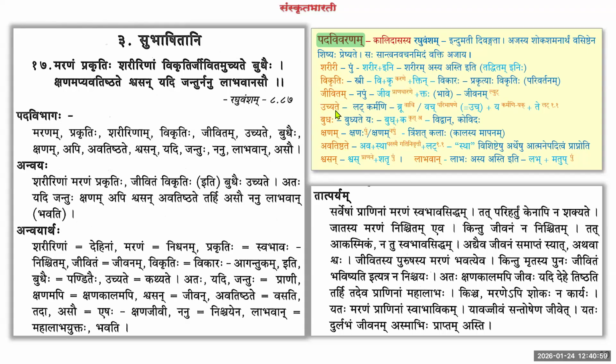So like this, uchyate is a kriya pada, right? Budaihi uchyate, karmani latlakara. Because budaihi is in tritiya bahuvachana, karta is in tritiya bahuvachana, jivitam uchyate. Maranam uchyate, jivitam iti uchyate. In that sense it is taken in a bhave prayoga because there is no necessarily iti in between.